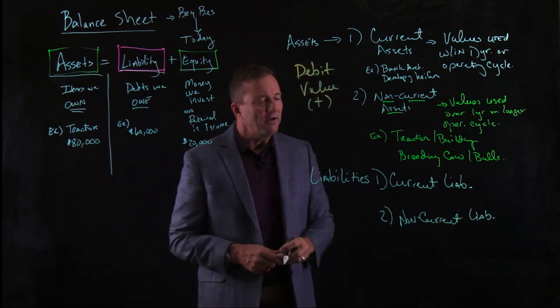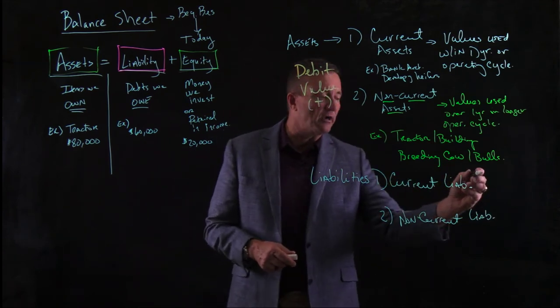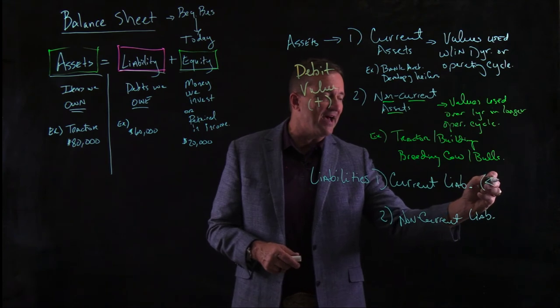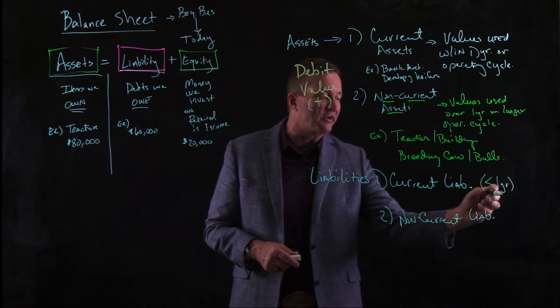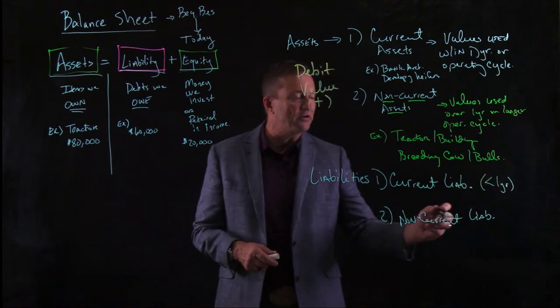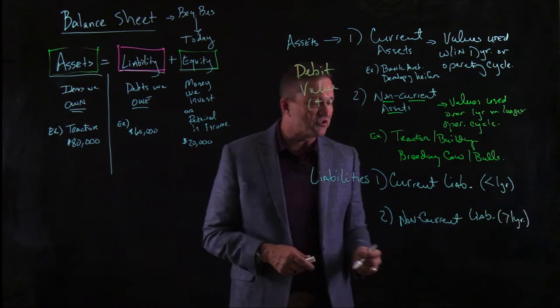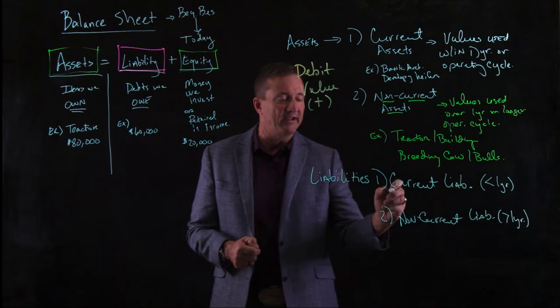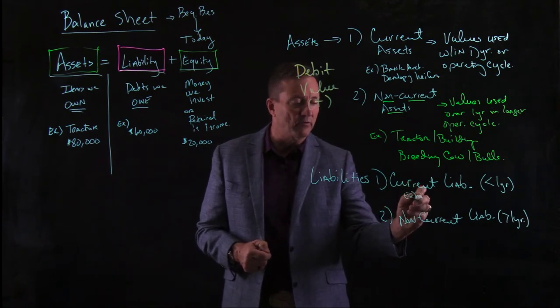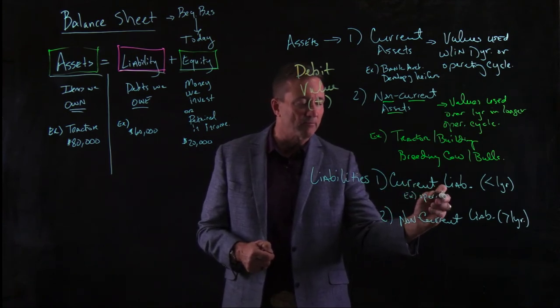And so these current liabilities usually have a debt within 1 year or less, and the non-current liabilities are over 1 year. An example of a current liability would be an operating loan.